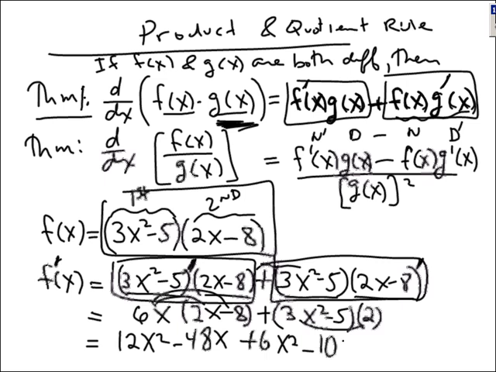More algebra. And then 12x squared plus 6x squared, that's 18x squared. Don't forget to take away 48x, and do not forget to take away the 10. There's your derivative.